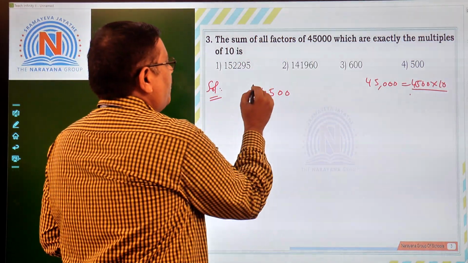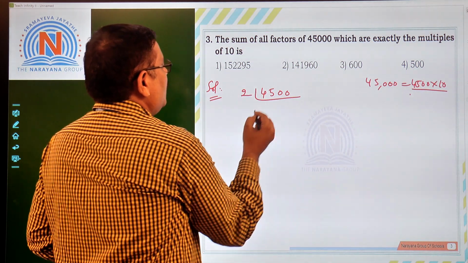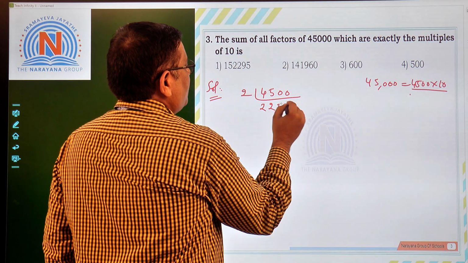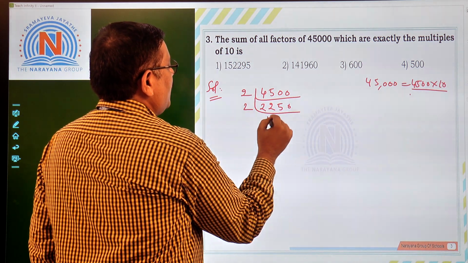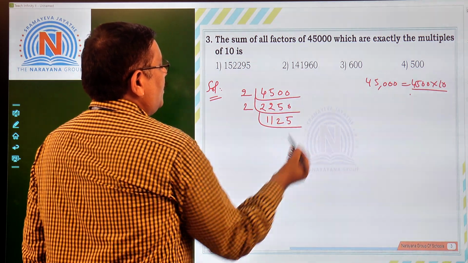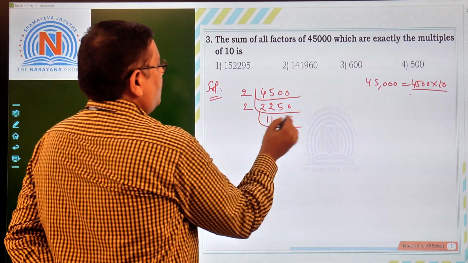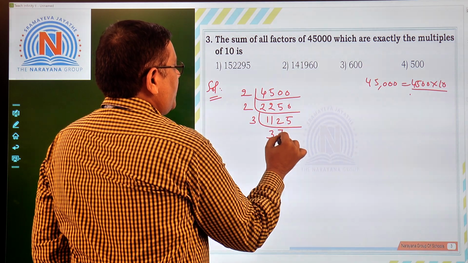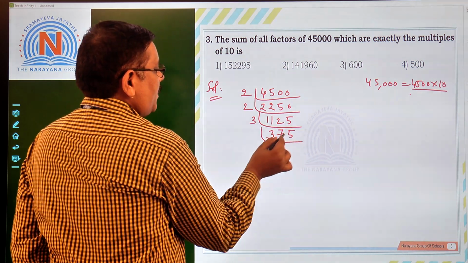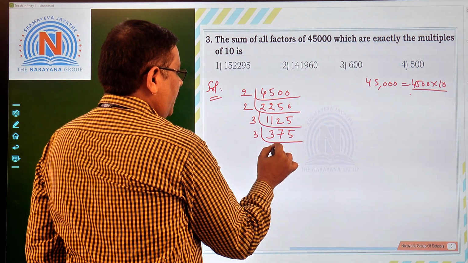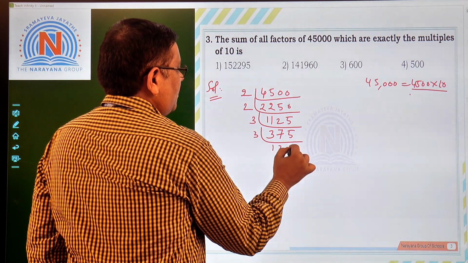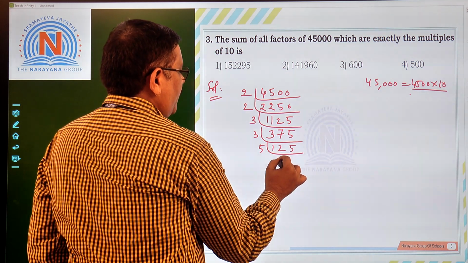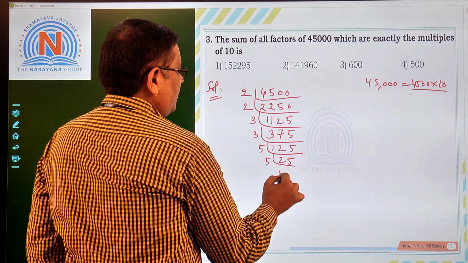Now 4,500, if you prime factorize, what are you going to have? 2 times 2, then 3 times 3, then 5 times 5 times 5.